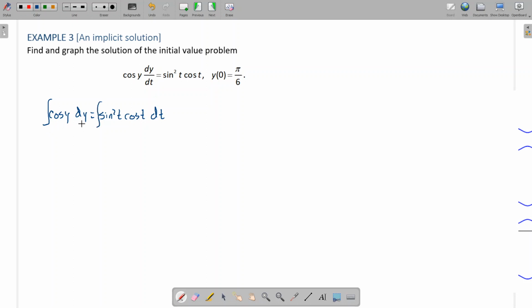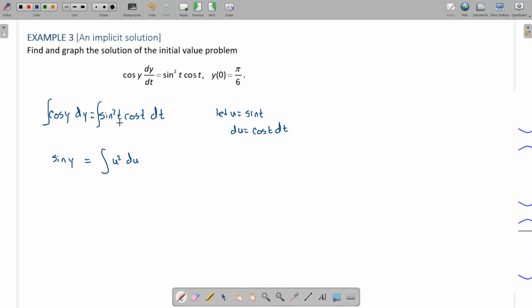So on the left hand side, the antiderivative of cosine is just sine of y. And again, we'll put the constant on the other side. Over here, we're going to need to do a little substitution. So we're going to let u equal sine of t. So then du would equal cosine t dt. So making that substitution, that could be written as u squared du.